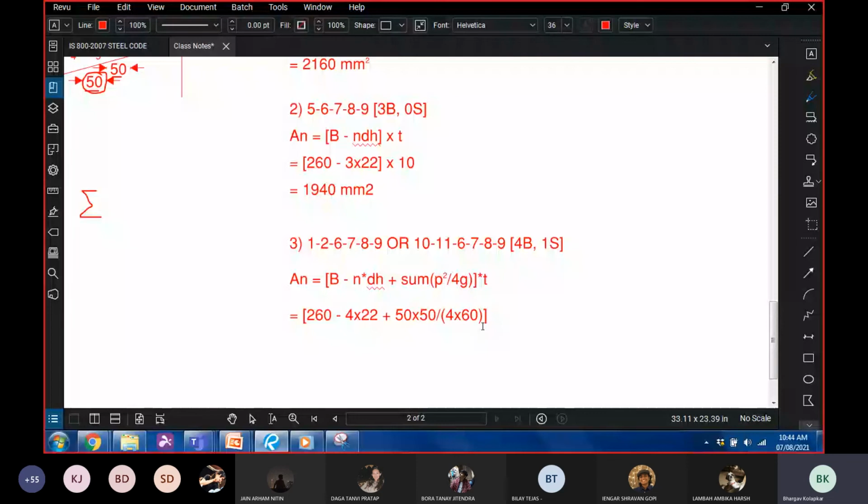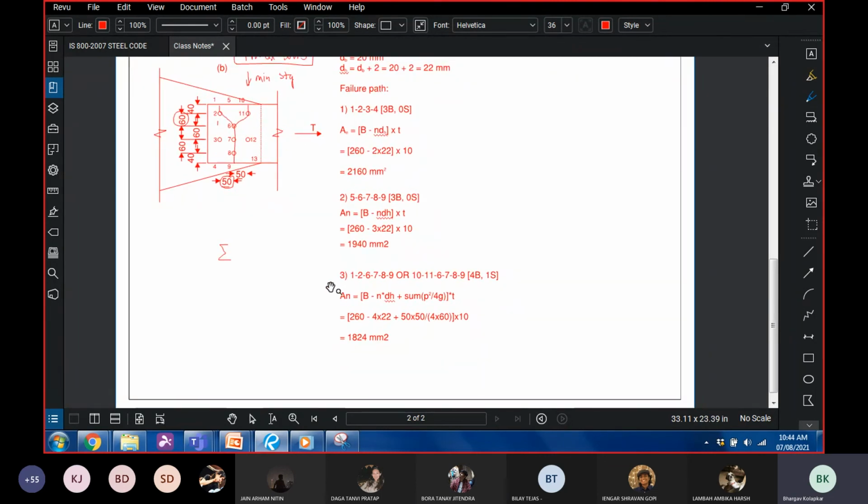And then we multiply this entire term by 10. Someone quickly give me an answer. 1824 mm square. If someone finds out this answer is not correct, please point that out. The entire point of this exercise is I want you to solve along with me. I don't want you to just copy the numbers that you see on screen. Yes, 1824 is also the answer that I am getting.